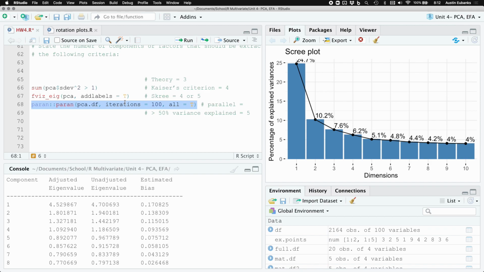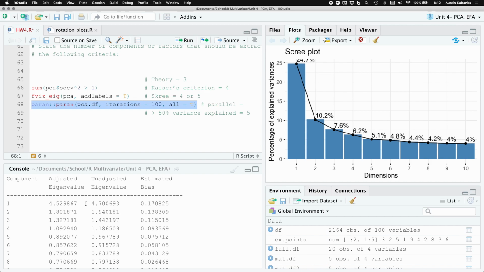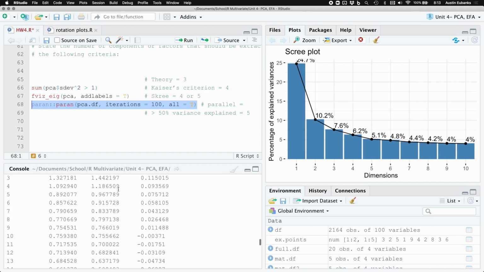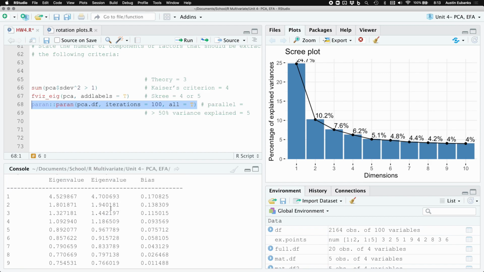As Casey is also pointing out in the chat, if you notice this adjusted versus unadjusted eigenvalues in the paran output, and you look at this unadjusted eigenvalue column and then look at the actual eigenvalues that we got by squaring that SDev from the PCA, you'll notice that these values line up with these unadjusted values.